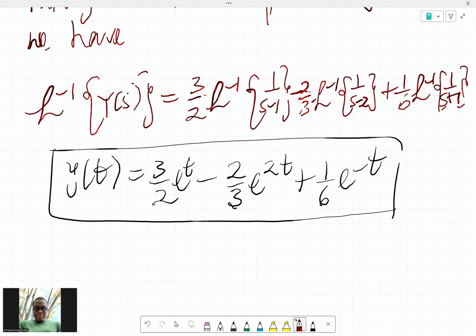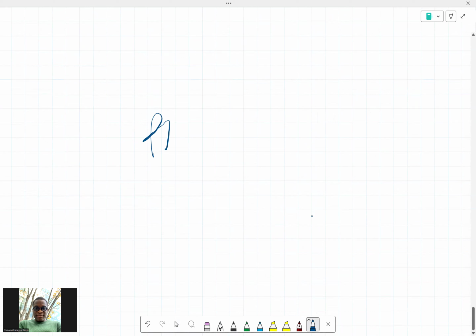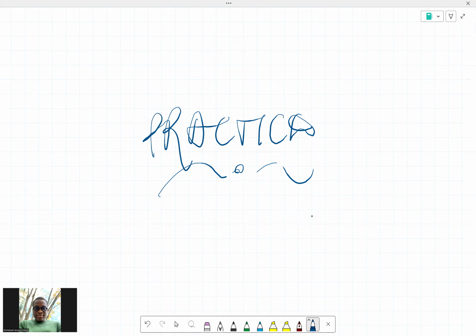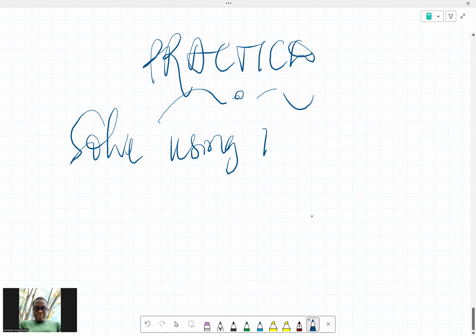So let's take some practice questions. Solve using the Laplace transform.